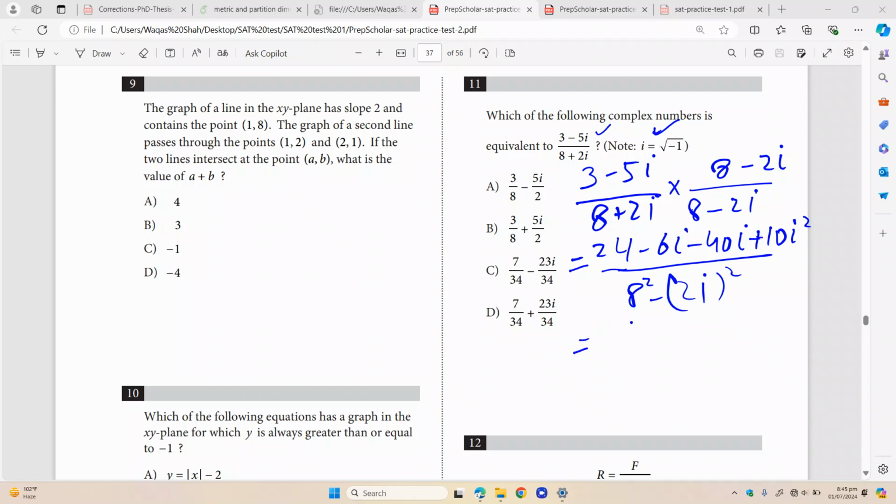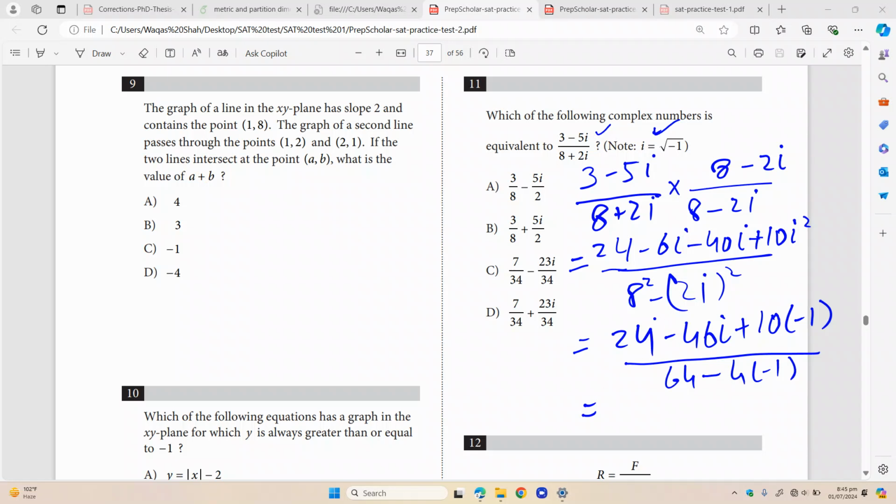Okay, so it will be 24, and adding 6i minus 40i is minus 34i, and 10i square means 10 into minus 1, divided by 8 square is 64, and then minus 4 times iota square, which is minus 1. So it will be 24 minus 10 is 14, minus 46i divided by 64 plus 4, so it will be 68.